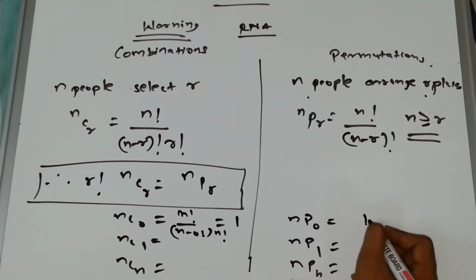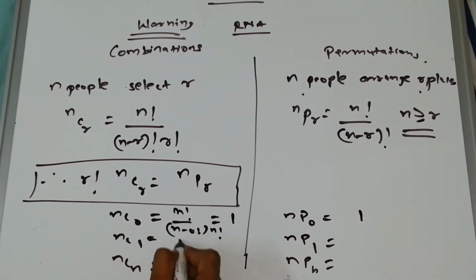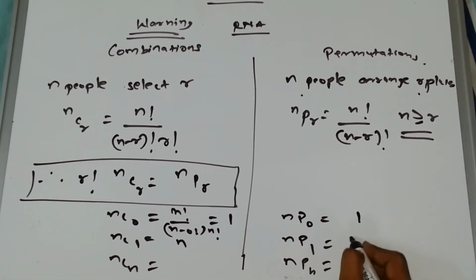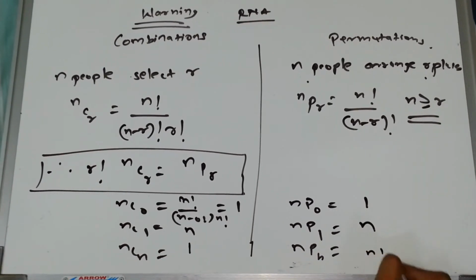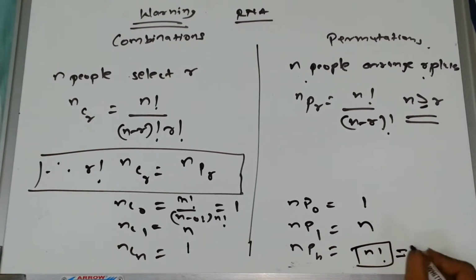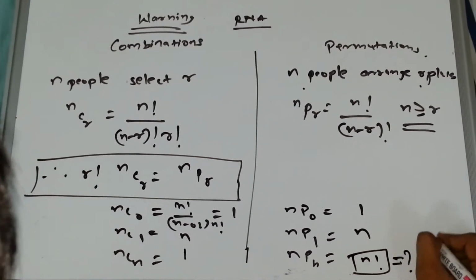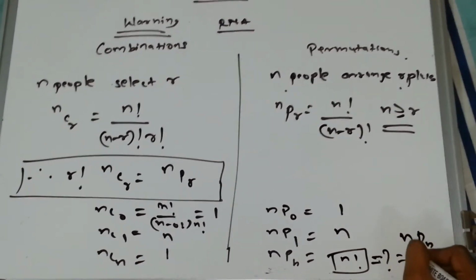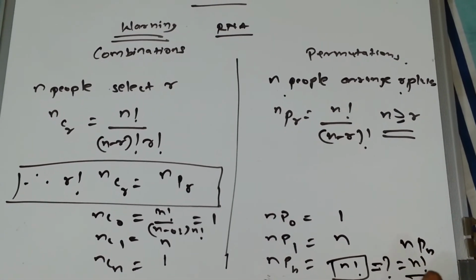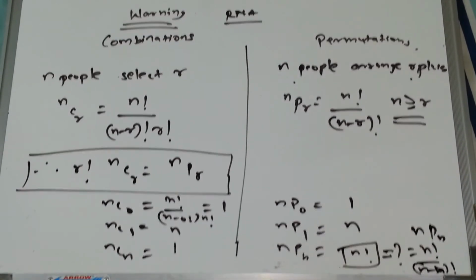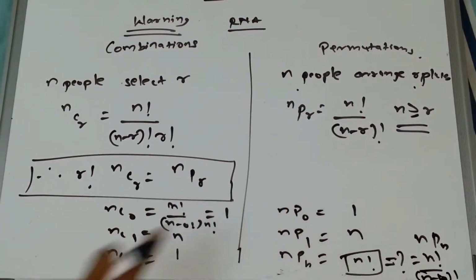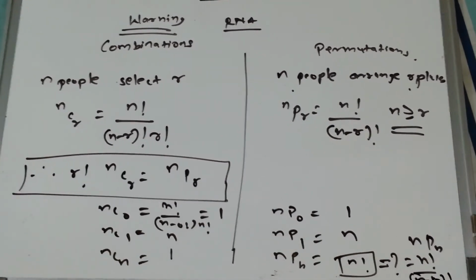Similarly, nP0 is 1. For nC1 it is n, nP1 it is n, nCn is 1 and nPn is n factorial. This is very important to remember, since nPn is given by n factorial by n minus n factorial. So hence this will be n factorial. Also nC0 is the same as nP0, nC1 is the same as nP1.